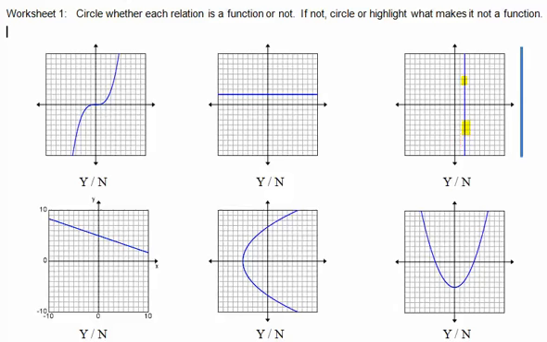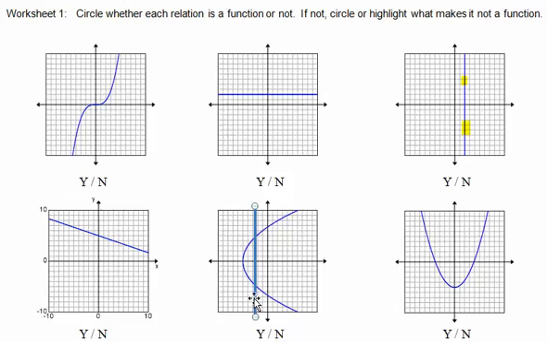All right, so now on the next one down here, again, we take our vertical line, and anywhere we put it, it only hits it once. So that is a function. So you would circle yes. This one, all sorts of places, wherever I hit it, if I run this line, it hits it twice, twice, twice. So this is not a function.